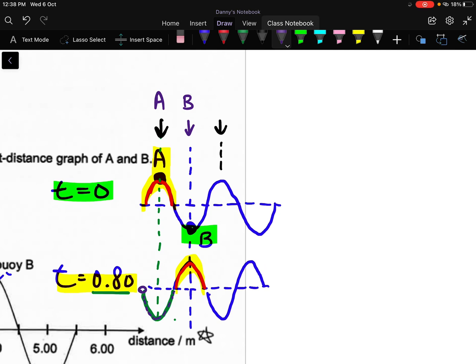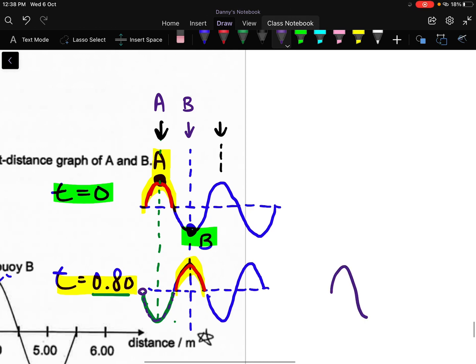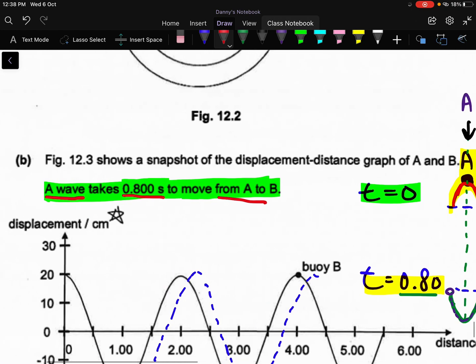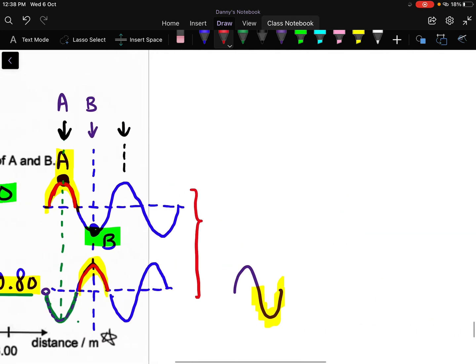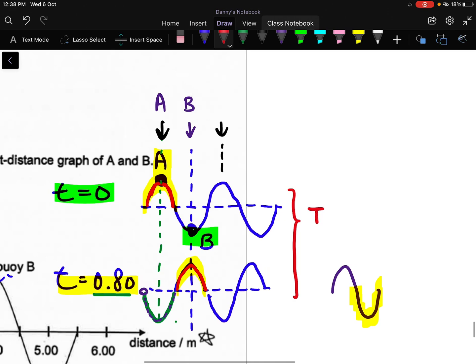Correct or not? Because one full wave looks like this, right? So now in 0.8 seconds, you are making half a wave. So by doing this, we can already deduce just from this one single sentence that the period is just 0.80 times 2.